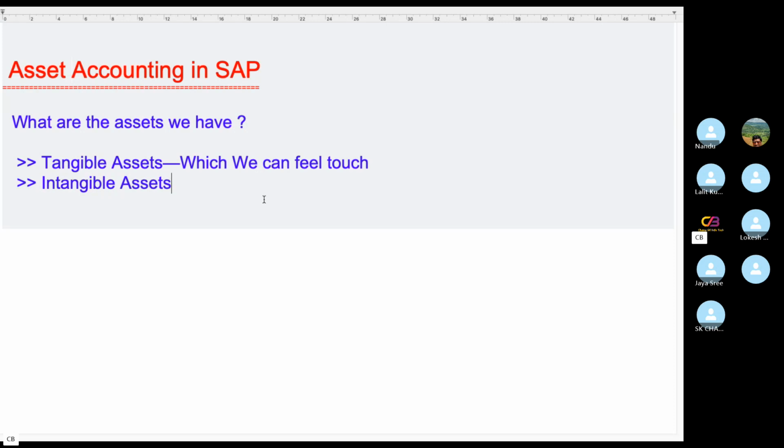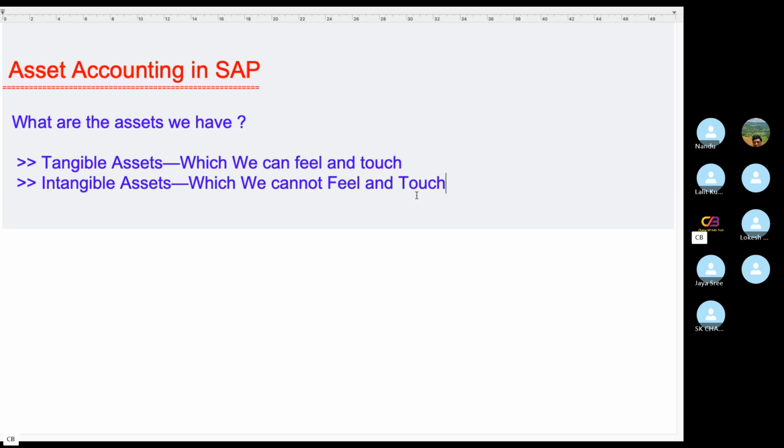Intangible means which we cannot feel and touch. So there are two types of assets: one is a tangible asset, which we can feel and touch, and the other is an intangible asset, which we cannot feel and touch.